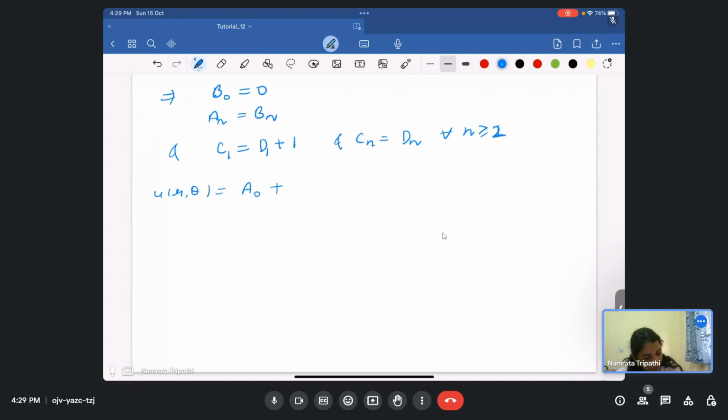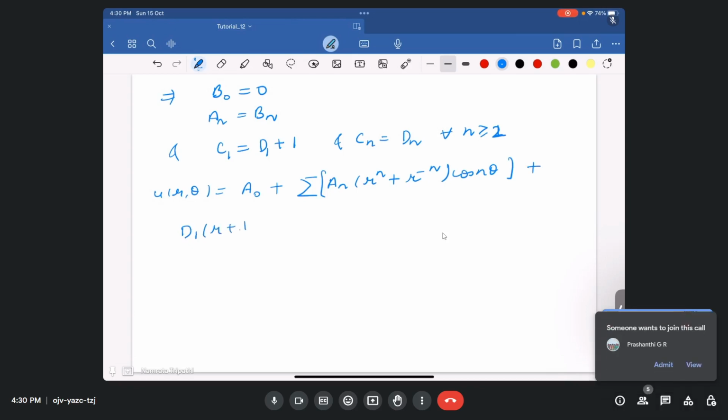So applying these conditions we can write d1 (r plus 1 by r).